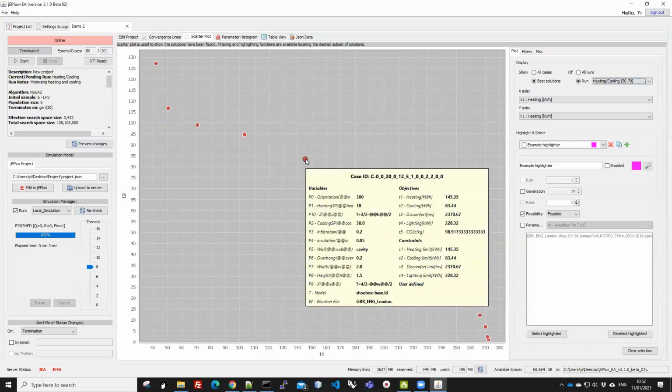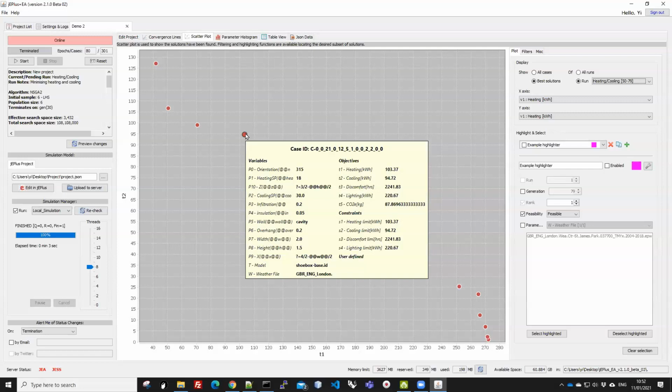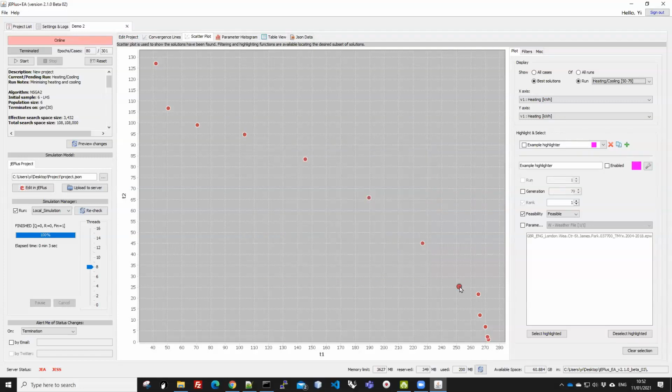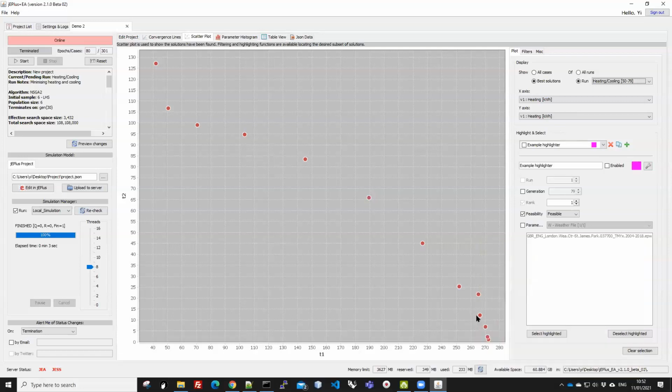If you look at P1 and P2, again, it's the lowest heating set point, highest cooling set point. So all of these cases have 18 for heating set point and 30 for cooling set point. All of them. I think this one may be an outlier. No, it's the same.